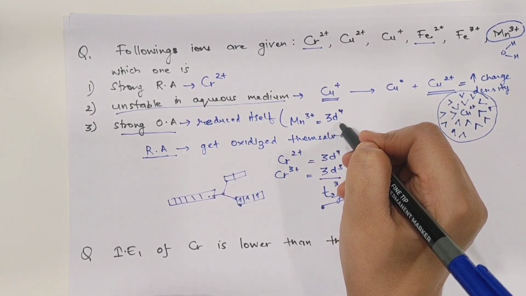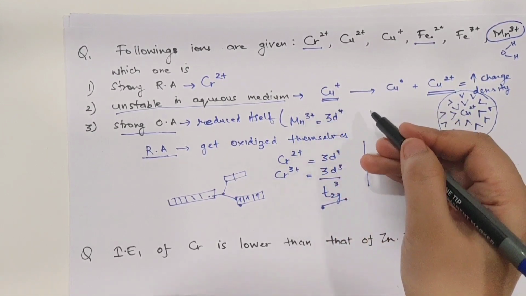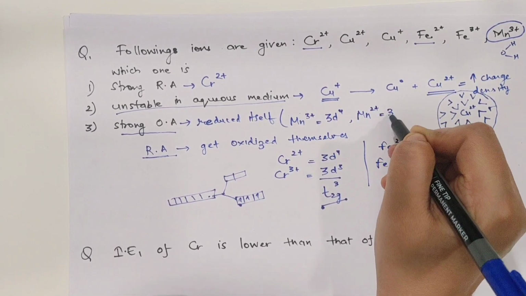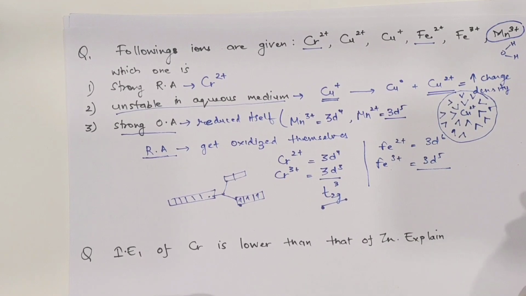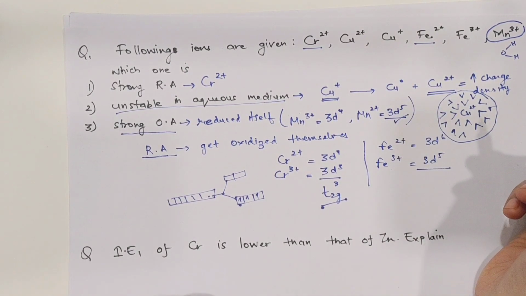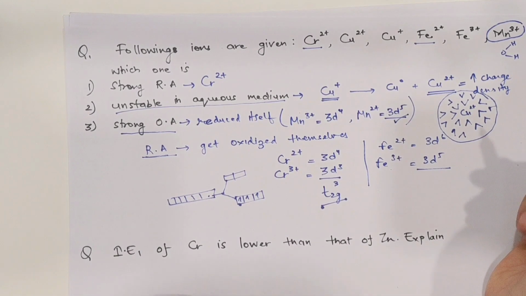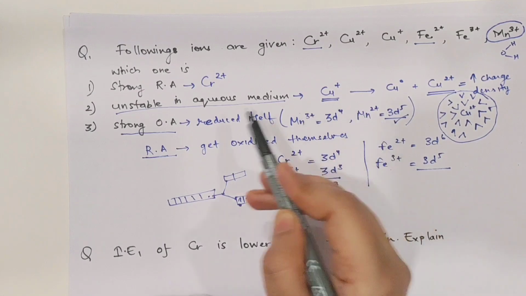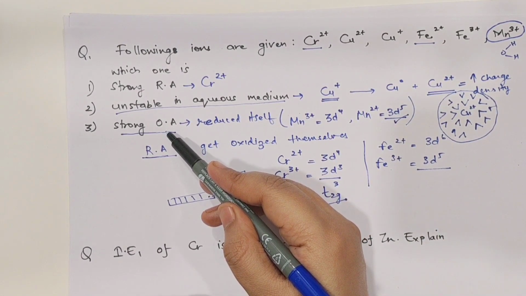If it's 3d4, it would rather get reduced, that means accept an electron and form Mn2 plus, which gives the 3d5 configuration, which is half filled, therefore extremely stable. So manganese 3 plus is likely to get reduced itself, therefore it would oxidize others.